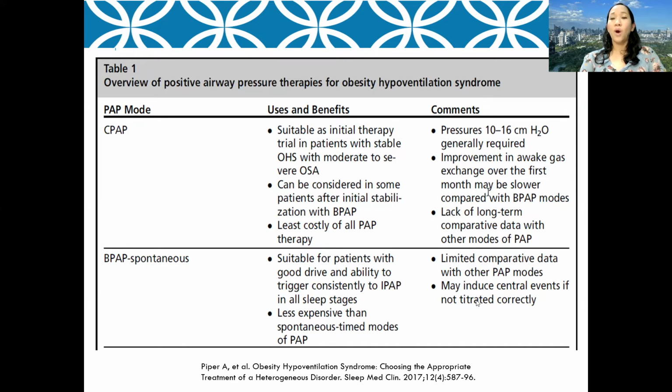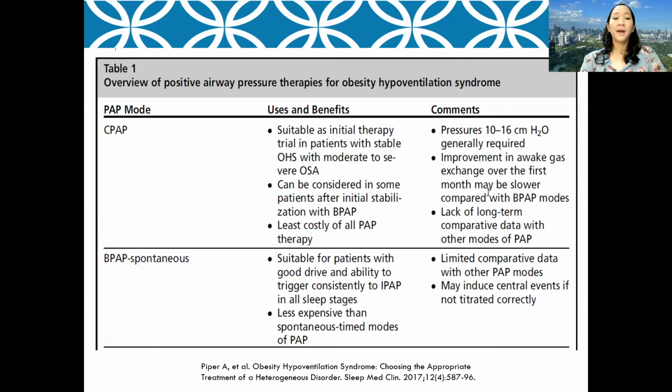It tends to require higher CPAP pressure, around 10 to 16 centimeters of water, and they can see the change in the blood gas, but it may be slower compared to BiPAP mode. And there is a lack of long-term comparative data with other modes.